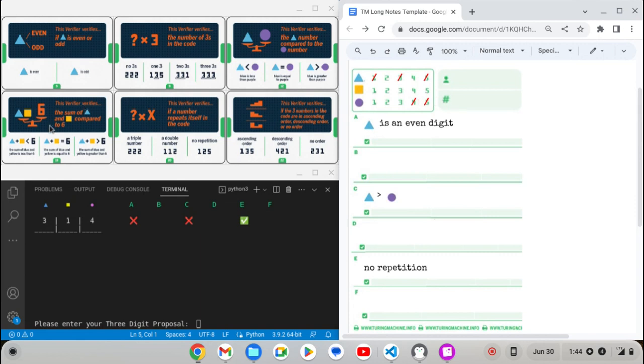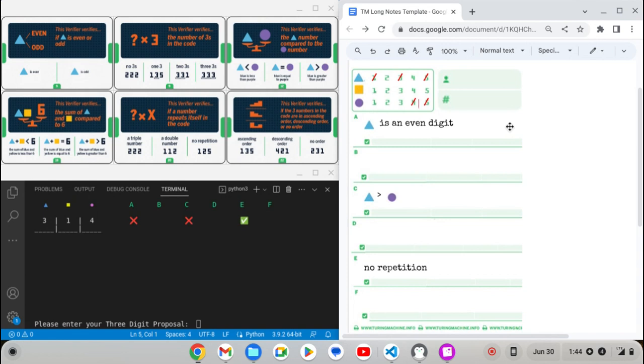Although, I guess criteria card D could also distinguish actually all of them, because 2, 3 is less than 6, 2, 4 is equal to 6, and 2, 5 is greater than 6. Very interesting.